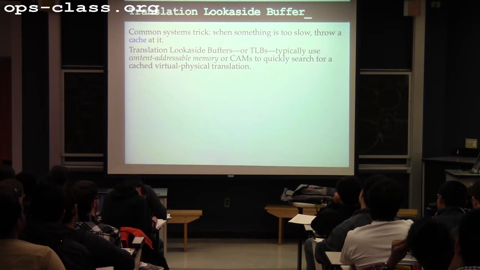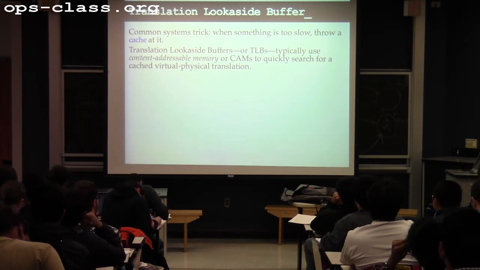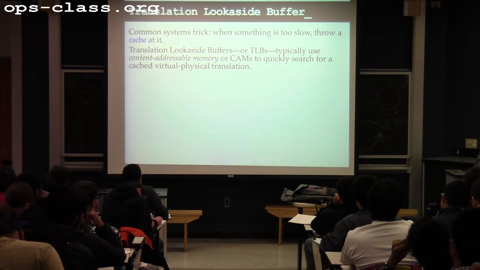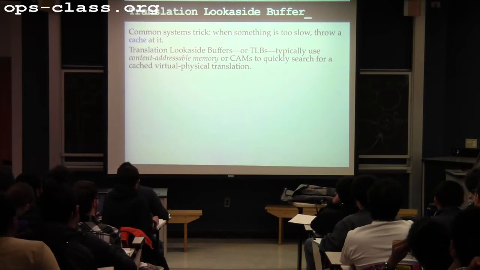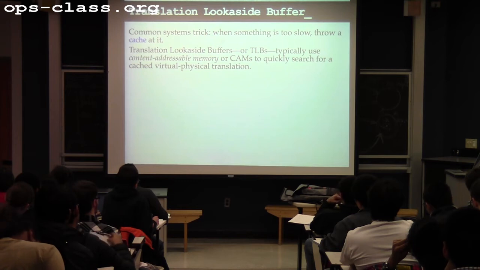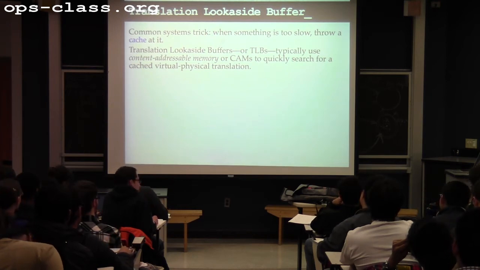There are a lot of TLB designs, and there's some complexity in this design space. But the simplest way to think about them is they allow you to look something up by its content.